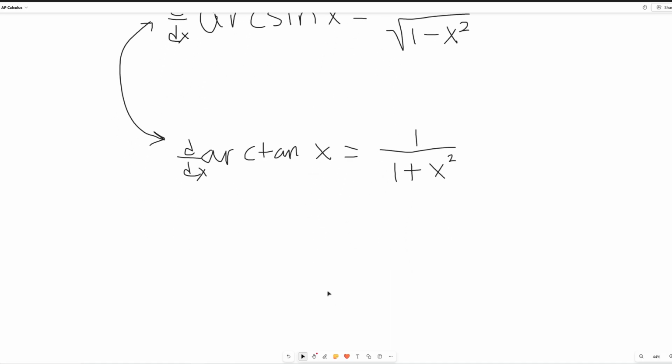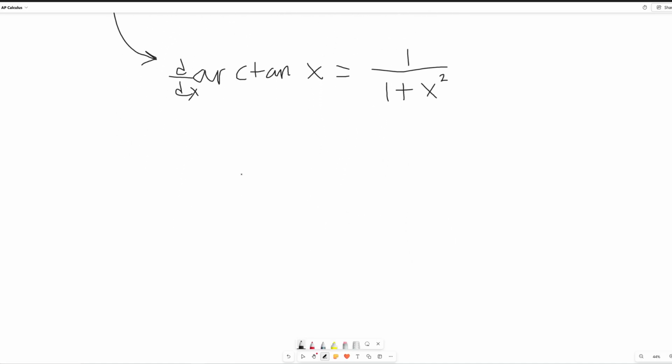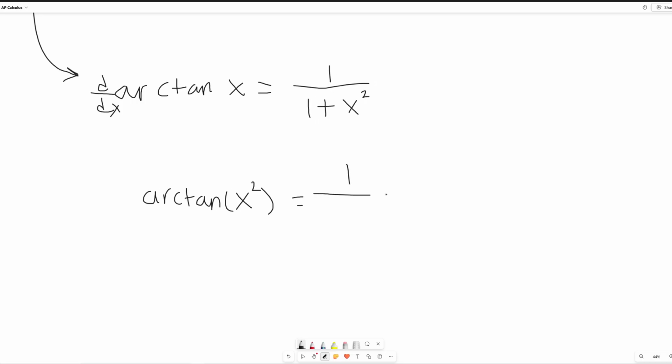So this also works with the chain rule. If you have arctan of x squared, this will be 1 over 1 plus x squared squared times the derivative of x squared.